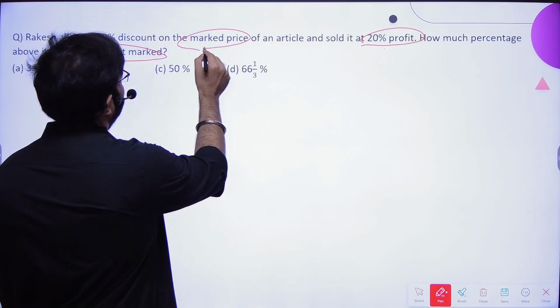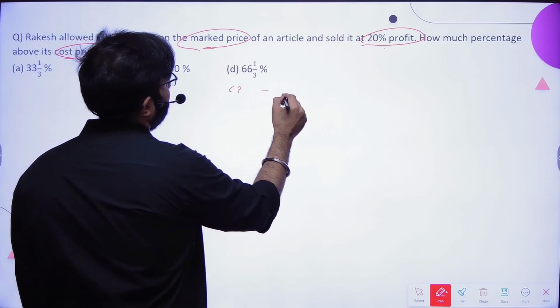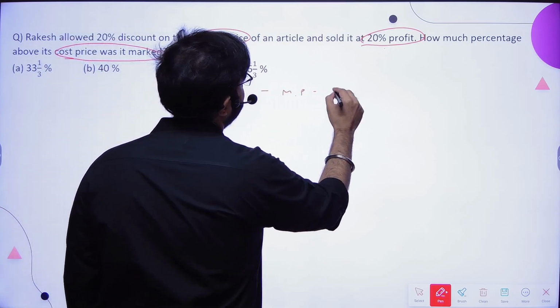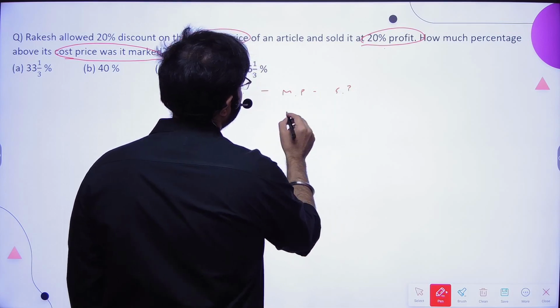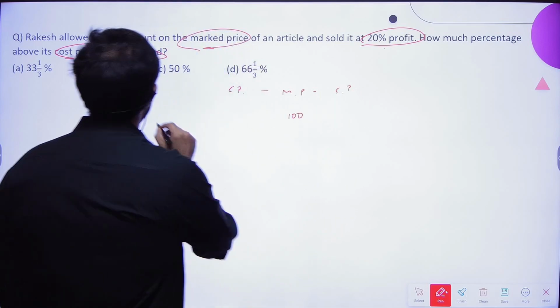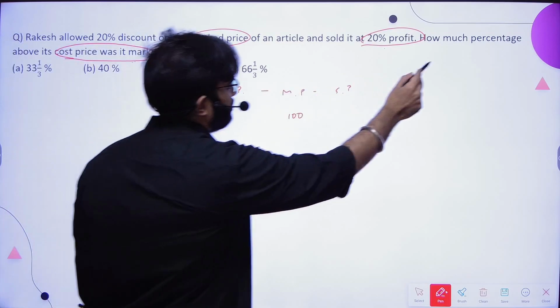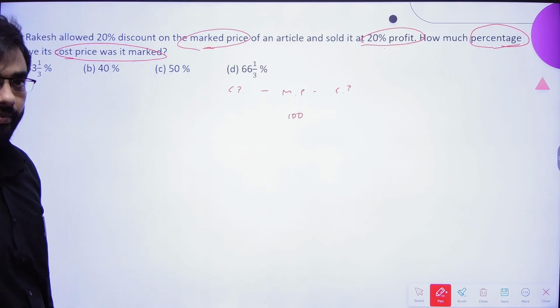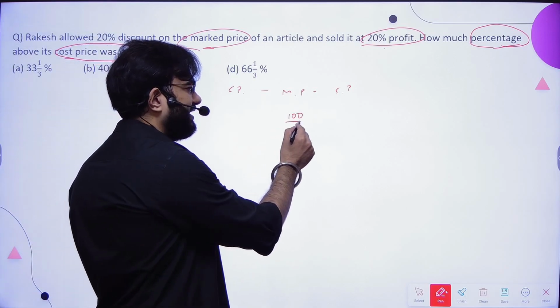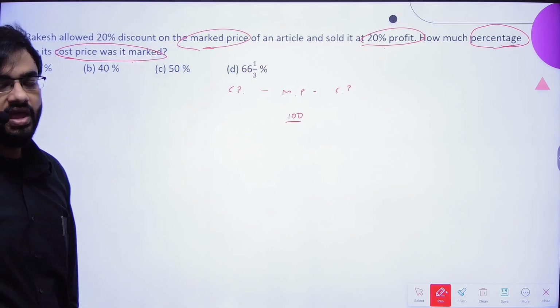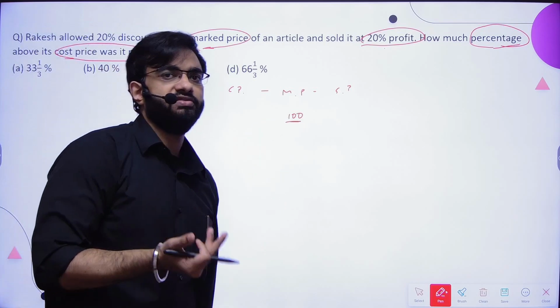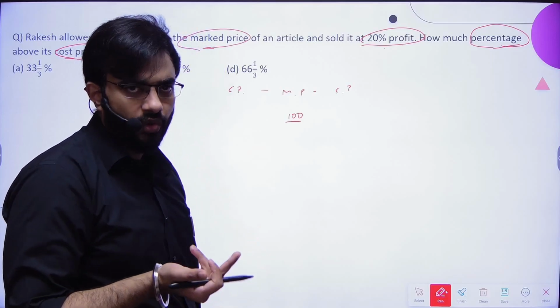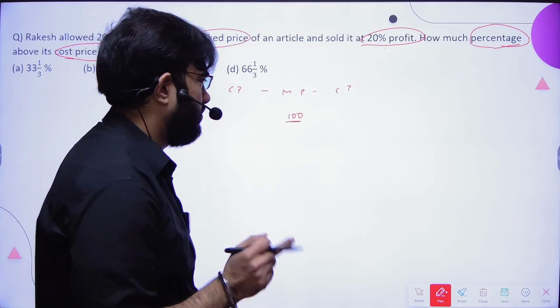So between CP, MP, and SP, we can consider the middle ground as 100. Whenever the answer involves calculating percentage, you can easily take numbers like 100. Otherwise, if there is an exact cost, then it is preferable to use an exact quantity or a variable X, Y, Z, whatever.